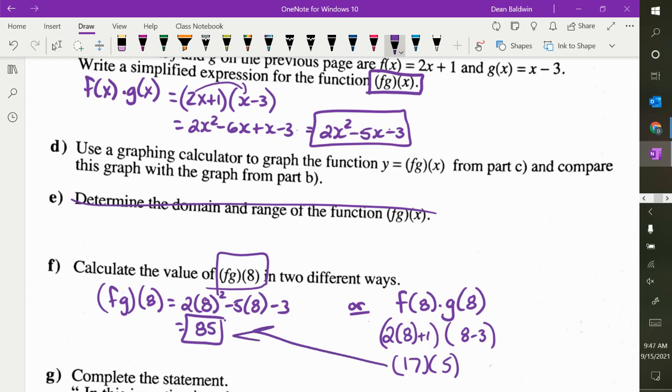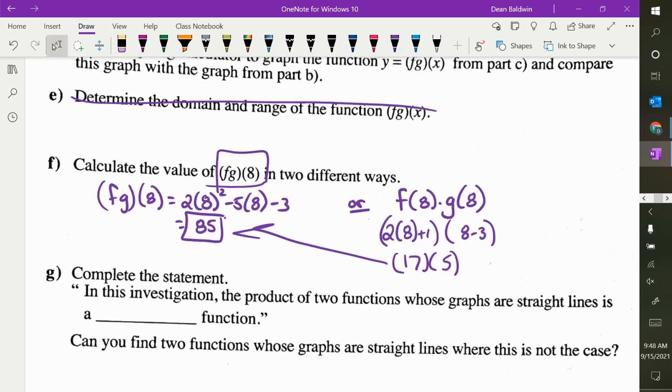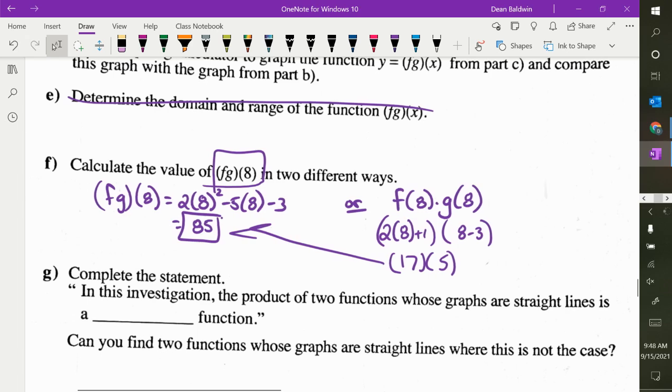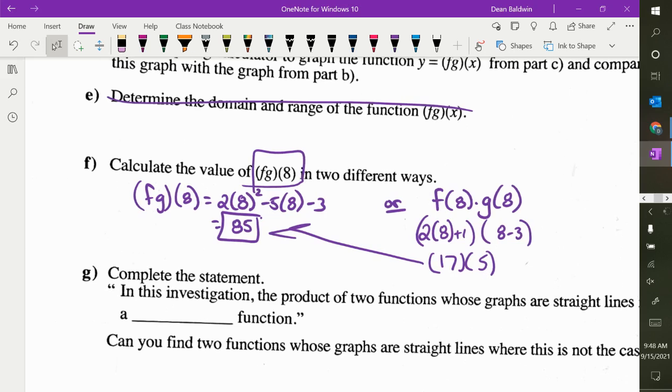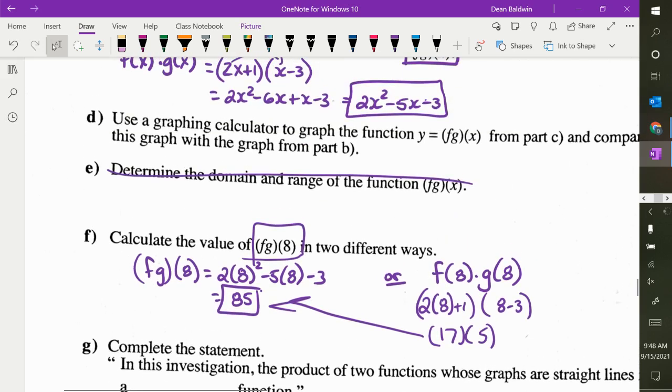Same thing, 85. Okay? So it's similar to the addition and subtraction in that once you figured out the new function, you can just plug the number directly into it, or you can figure out each individual one and then multiply them together. Either way gives you the same answer. It's up to you.